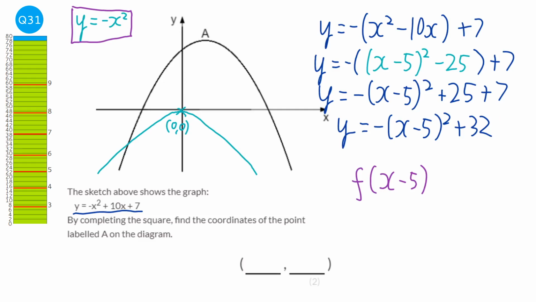That minus 5 moves the graph to the right 5. Similarly, if you have a function and you've got a plus 32 on the outside of it, which we have here, it's going to move it up 32. So instead of our maximum point being at 0, 0, it's moving to the right 5, so the x coordinate would be 5, and up 32, so the y coordinate would be 32.